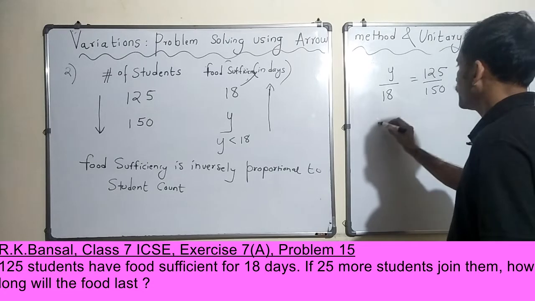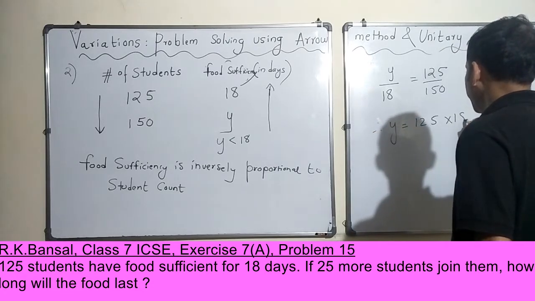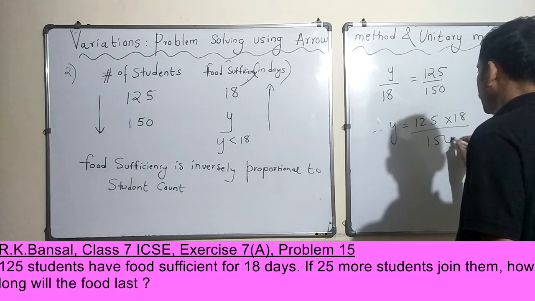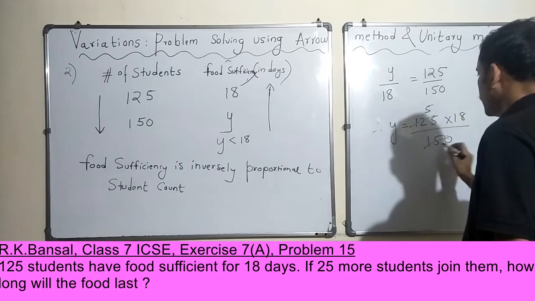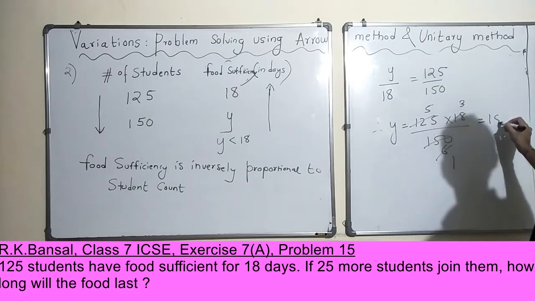So therefore, y is equal to 125 into 18 by 150. 25 5s are 125, 25 6s are 150, 6 3s are 18, so it is equal to 15.